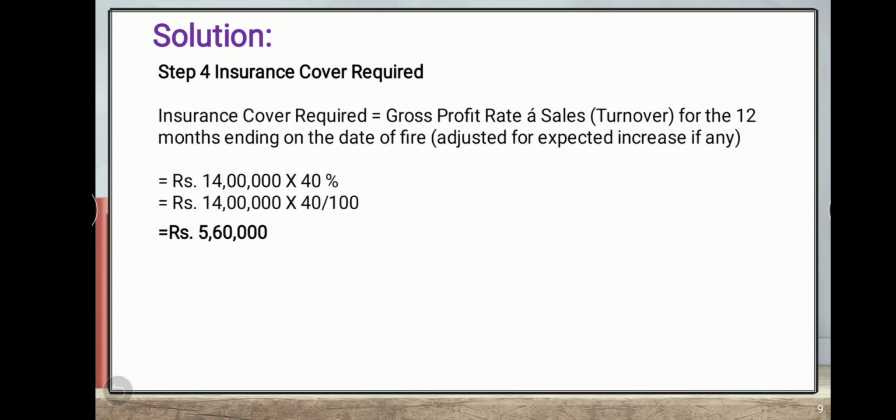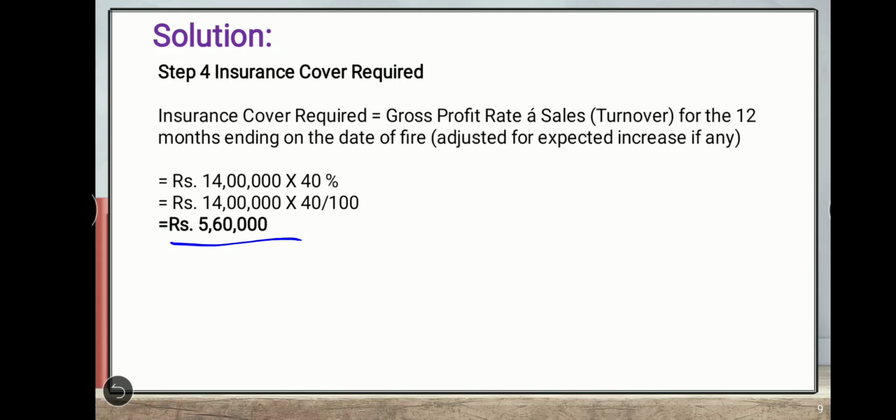Now the next step is calculation of insurance cover required. So insurance cover required is equal to gross profit rate multiplied by sales for the 12 months. So here sales for the 12 month is rupees 14 lakh multiplied by GP rate 40%. So 14 lakh multiplied by 40% is equal to 5,60,000.